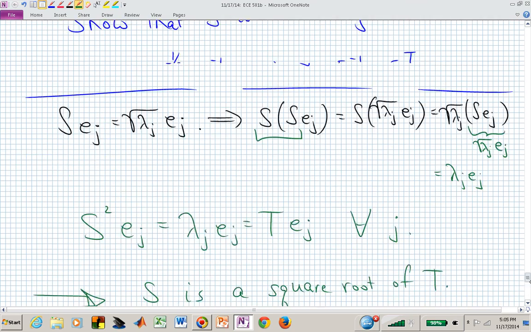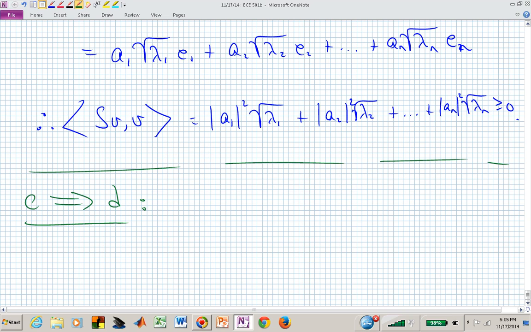But let's just show this C implies D. The fact that that square root in C was positive, and positive implies by definition that it's self-adjoint, so we have D.